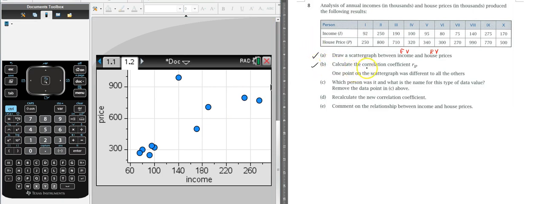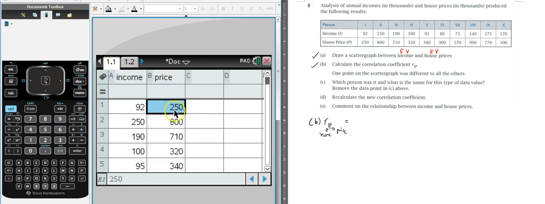Second, calculate the correlation coefficient r_IP. So r, I, P: I stands for the income, P stands for the price. So that means r_XY. So you are asked to find the correlation. So how to find the correlation? Okay, on your calculator, using this button, move back to 1.1, or you can just press Control to the left-hand side and you go back to this step.